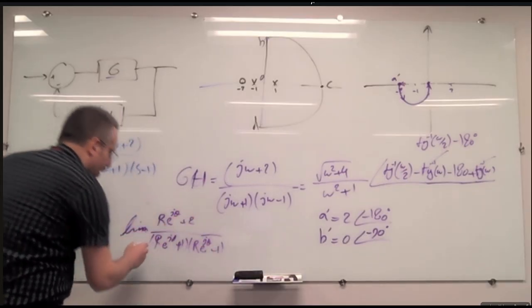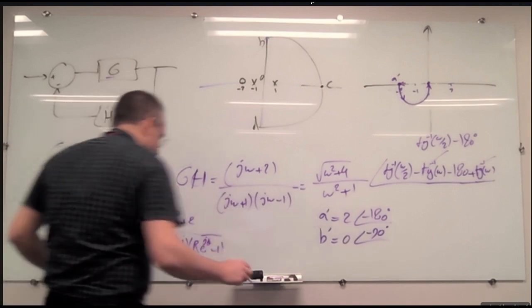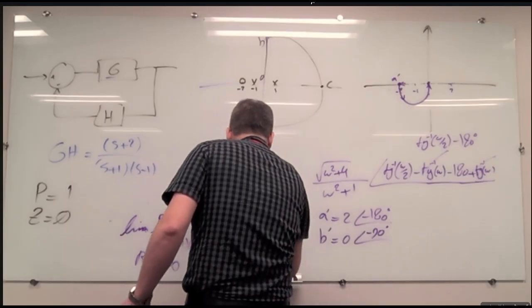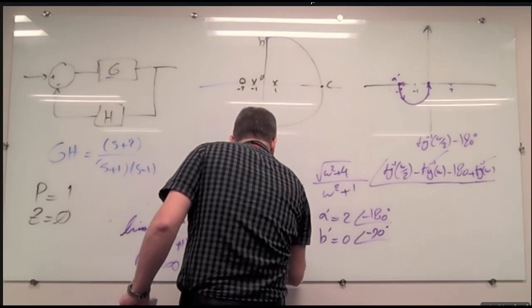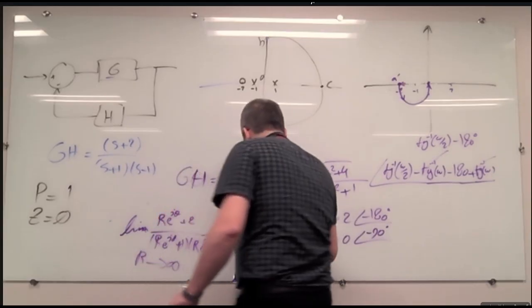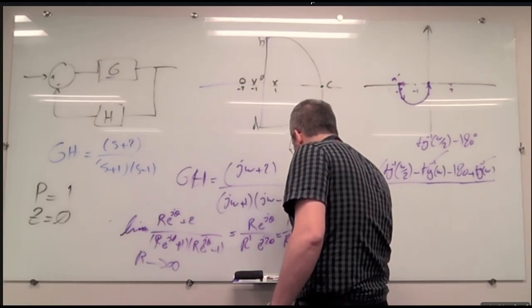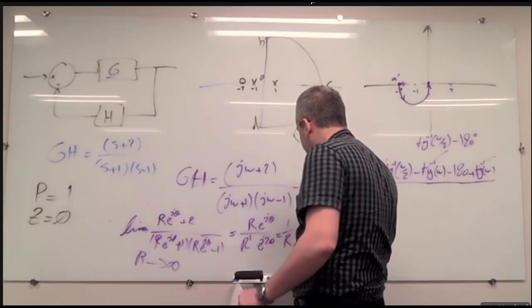These constant numbers and r goes to infinity, these constant numbers don't matter, so it's going to be r over r squared e^jθ e^j2θ, which means 1 over r e to the minus j theta.